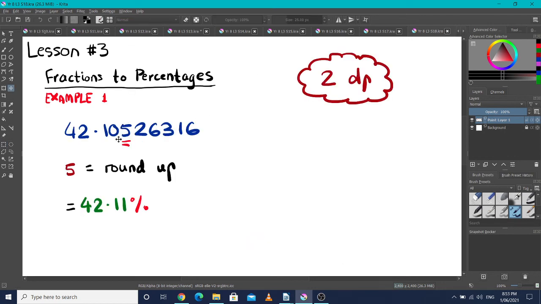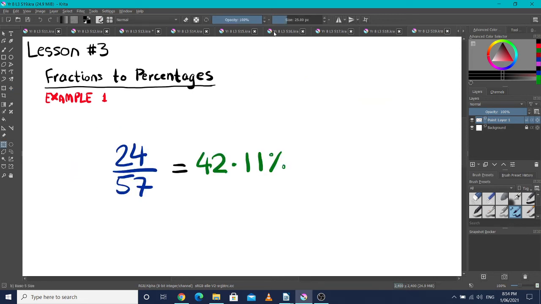The number in the third position is 5, therefore we will round up. This gives us 42.11%. We must include the percent sign at the end of our answer, or this could be confused as a decimal. So our answer is the proper fraction of 24 over 57, which has been converted to 42.11%.